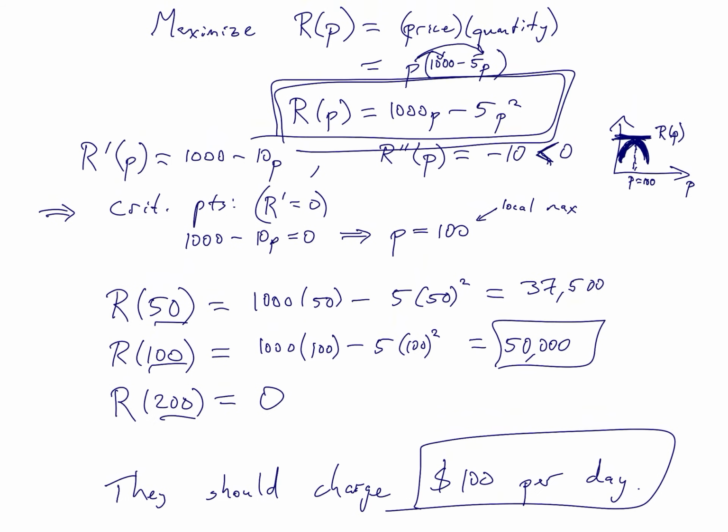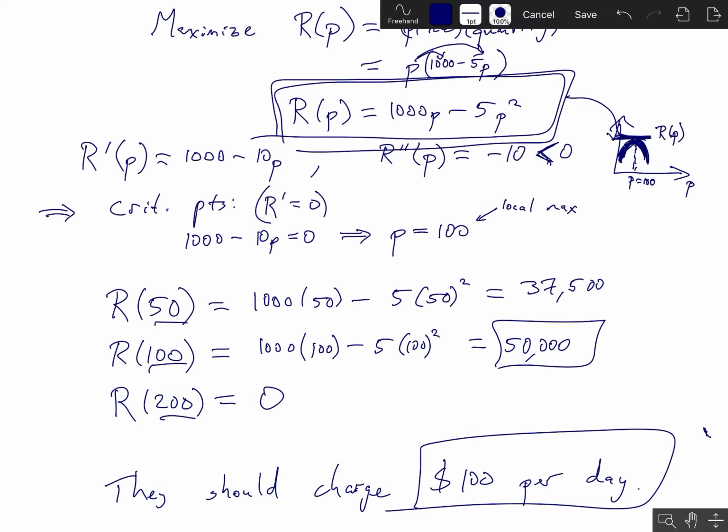Now, in this particular case, because the function that we were trying to maximize was a quadratic, we actually know that the graph of this function is going to look like this. So it's going to be a downward opening quadratic. And for any quadratic function, the maximum or the minimum will always be attained at a critical point.